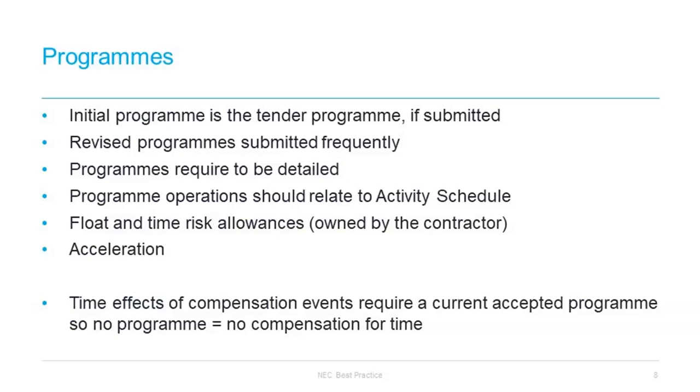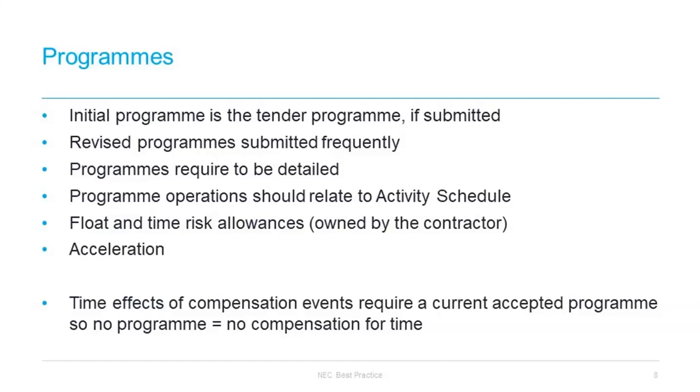If revising the programme, the contractor should show actual progress achieved on each operation and effective timing of remaining work, the effects of implemented compensation events, how it plans to deal with any delays or correct any defects, and any other changes the contractor proposes to make. The contract is silent on what happens if a programme is rejected.